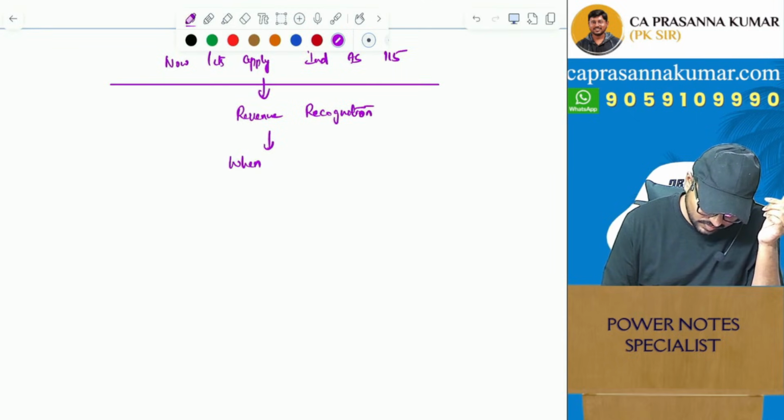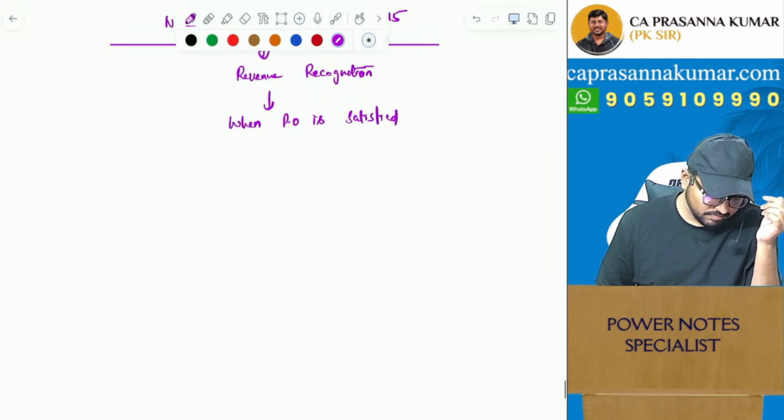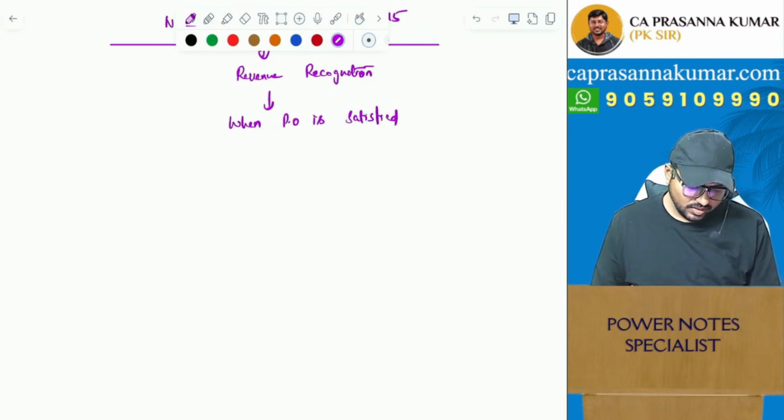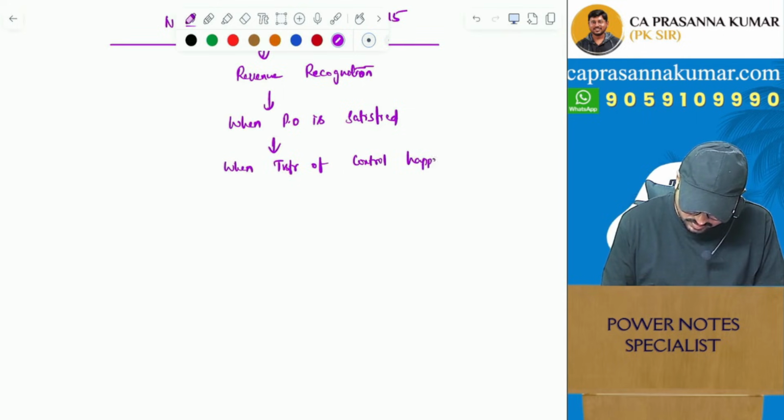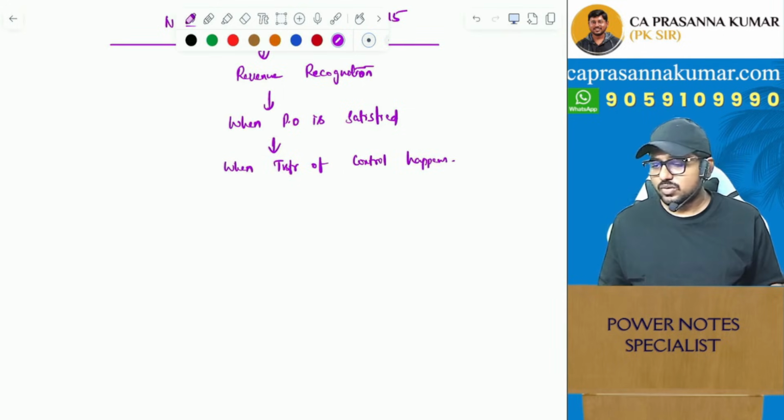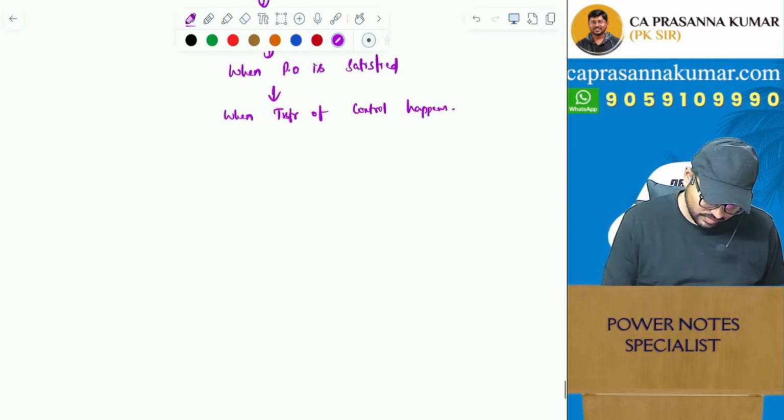When PO is satisfied. Any doubts in this? Clear? When PO is satisfied? When transfer of control. ये तो clear है. This is the Holy Trinity. I've told you so many times.